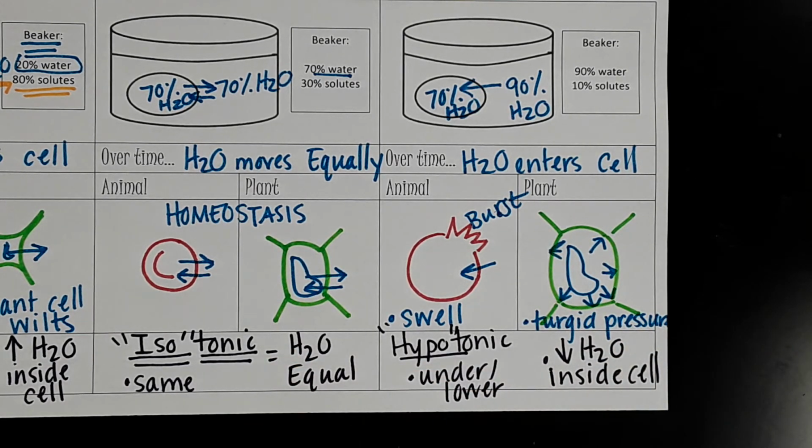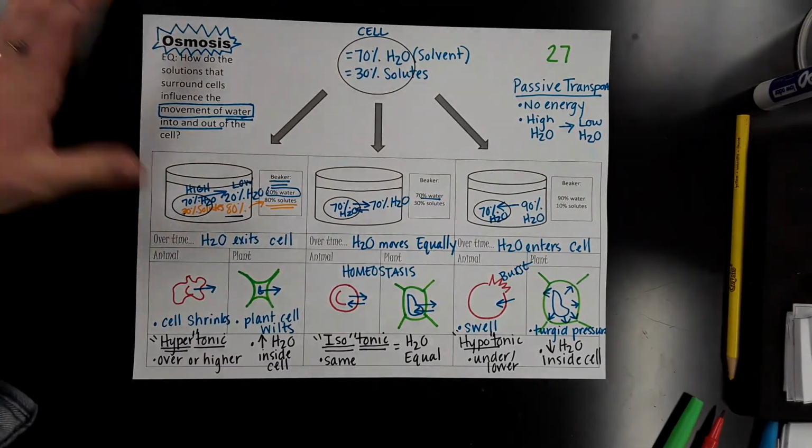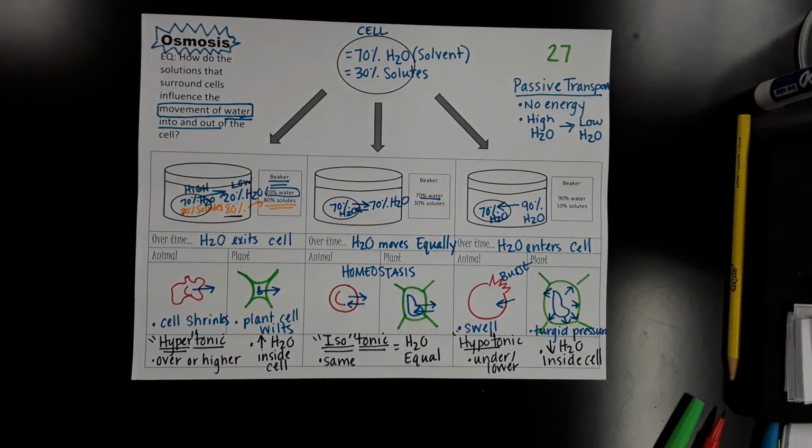All right. Now, as you start thinking about osmosis and water moving, think of how this affects your hydration. Think about how this might affect a fish. What if you got a saltwater fish and you put it in a freshwater tank? What would happen? Well, there would be a higher water concentration in the fresh water than in the fish.